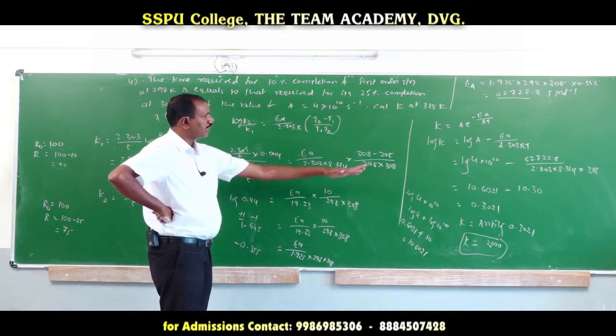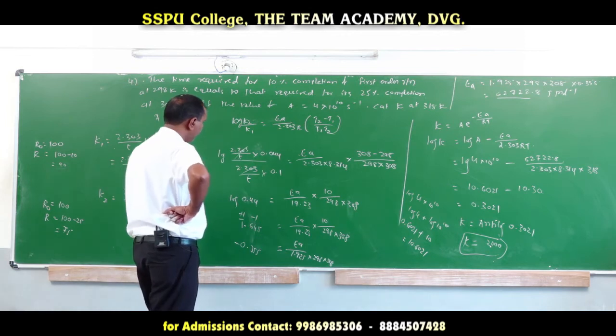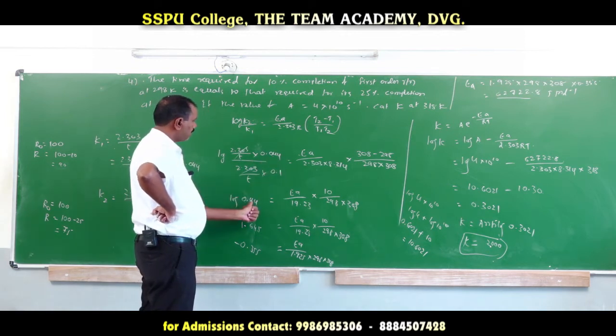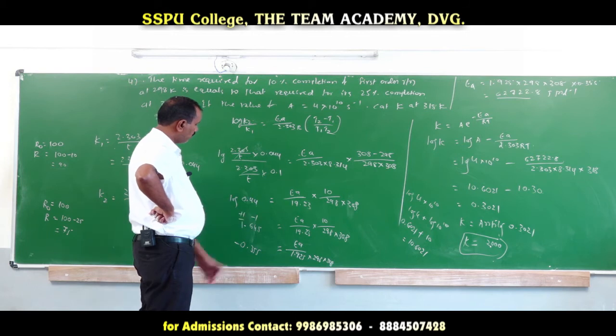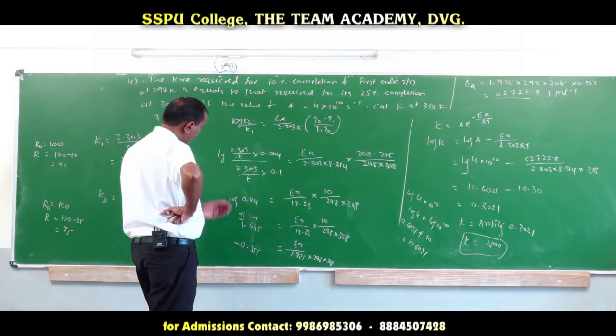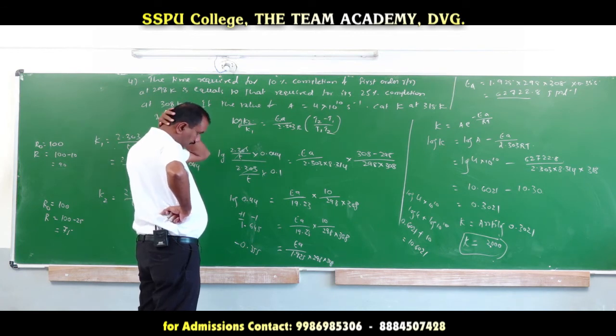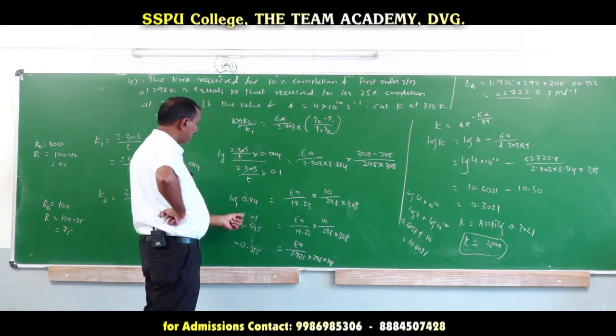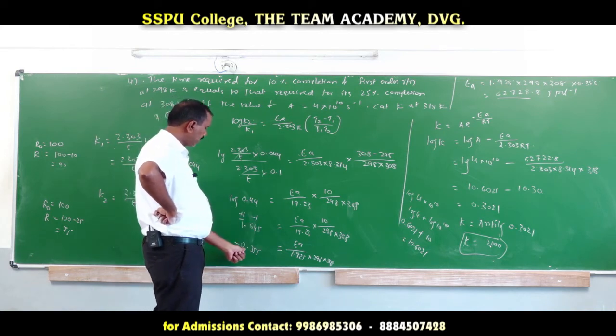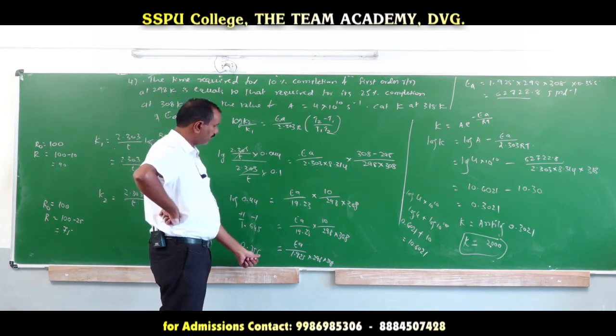T2 is given 308, T1 is given 298. This value may be 0.44. The log value is characteristic 1 bar, 44 under 0 is 645 nearly, plus 1 minus 1 have to do, that is 0.355.